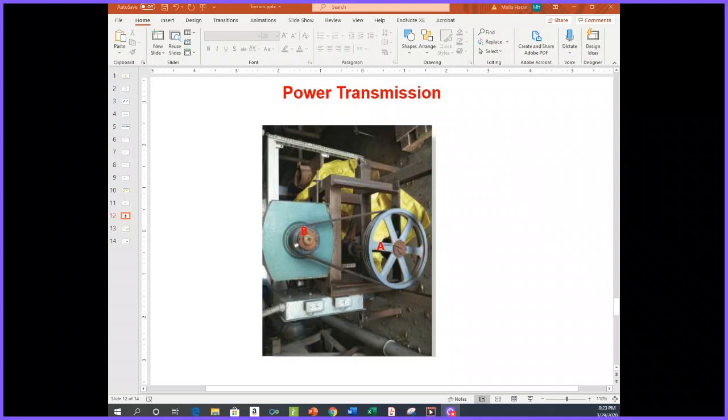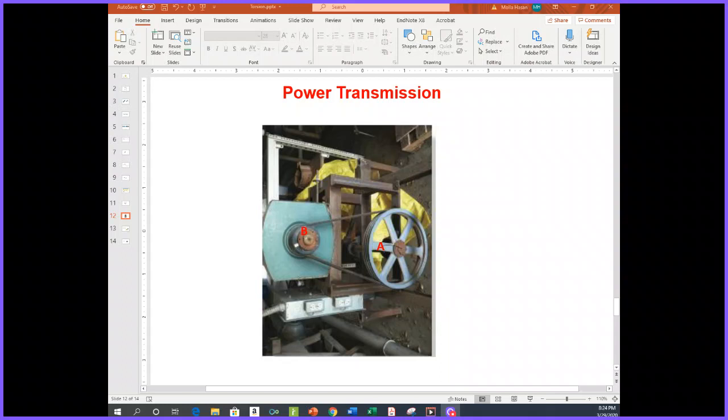As you see in these pictures, this is a belt drive system, and the belt transmits the torque developed by an electric motor located at B to a shaft at A. So we will learn how to calculate the power, and then, based on these powers and the torques, how we can determine the diameter of the shaft to design such a system.